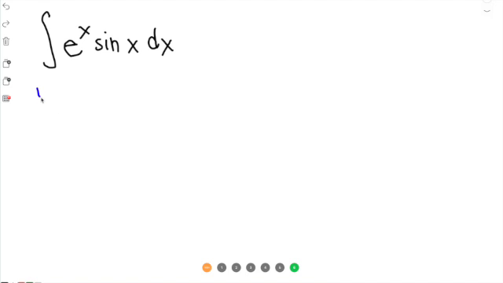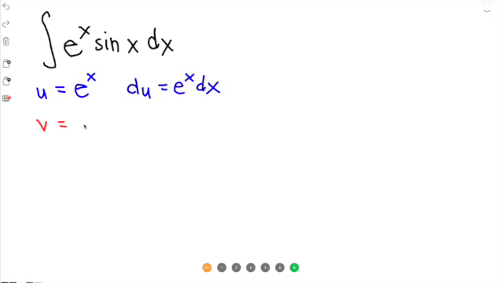So exponential comes first, right? Than trigonometric. Therefore, we choose e to the x as our u. And therefore, the derivative of that would be the same thing, except we have a dx. And our v would be what remains.